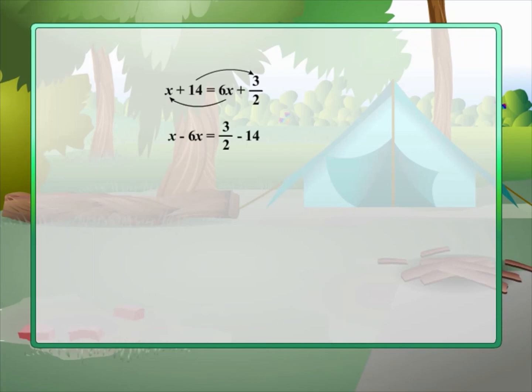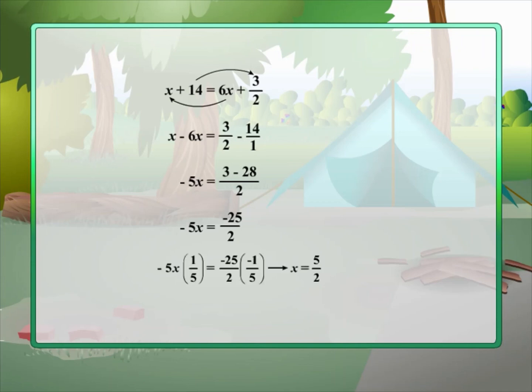x minus 6 into x is minus 5 into x is equal to, taking LCM as 2 for the right-hand side, minus 5 into x is equal to 3 minus 14 into 2, which is 28, whole divided by 2. Minus 5 into x is equal to 3 minus 28, which is minus 25 divided by 2.